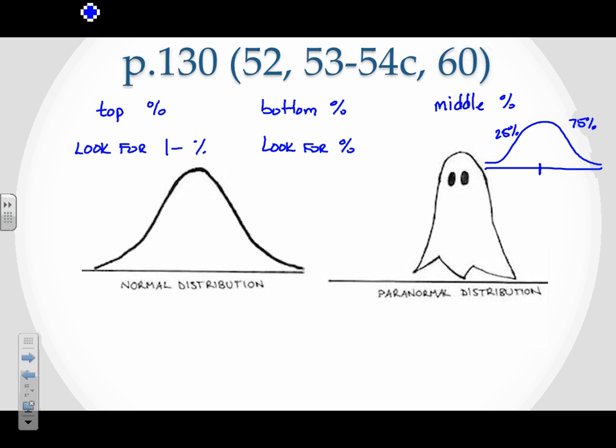So what's the closest one you can find? 0.7486. Everyone agree with that? So what z-score goes with that percentage? 0.67. So if my z-score here is 0.67, okay? Now, if you were to go on to the flip side and look up 25%, where do you suppose that would be?